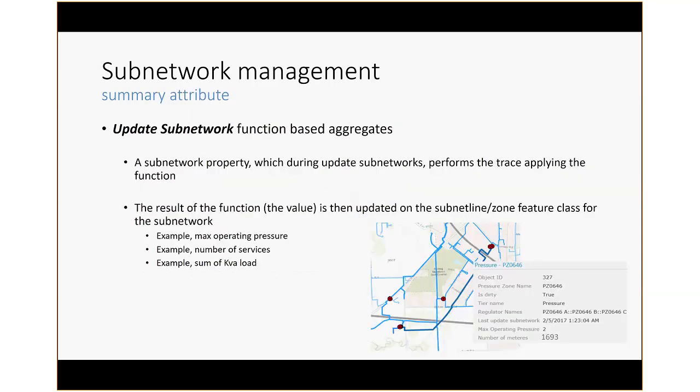The summary attributes, I showed those, how we can maintain those during update subnetwork. So as we do the edits and we change the configuration of the subnetworks, update subnetwork will also calculate all those values at that time and store them on the subnet line feature. A very quick reporting mechanism. Again, multiple summaries.